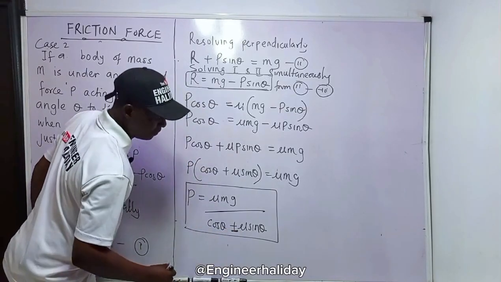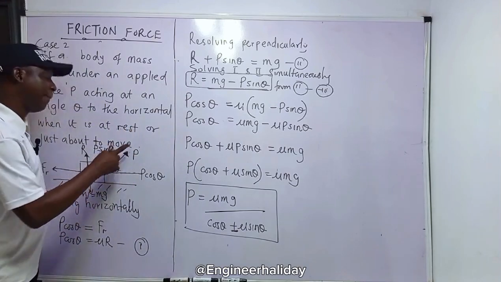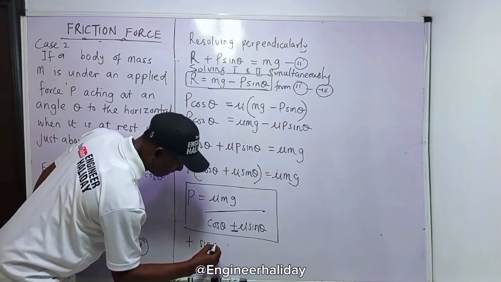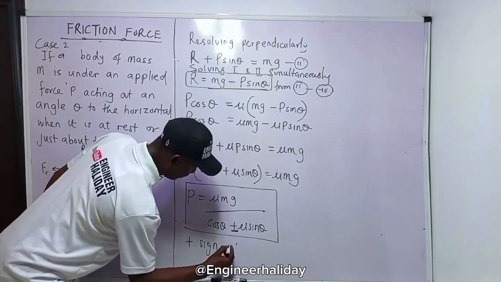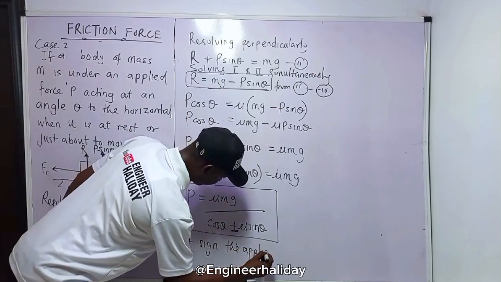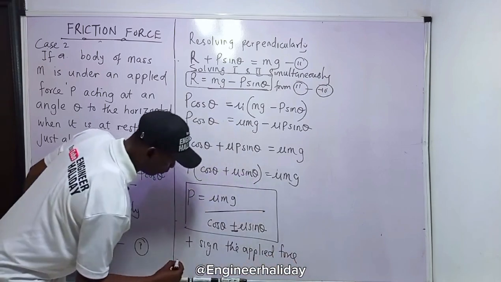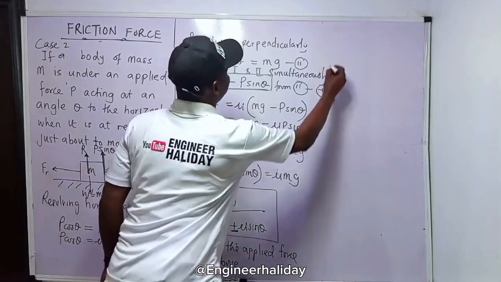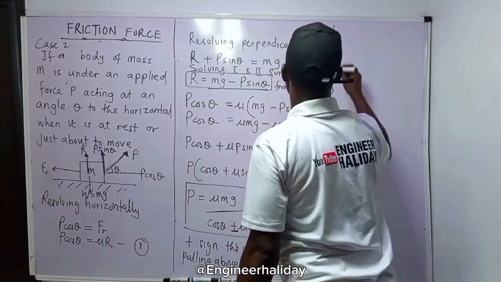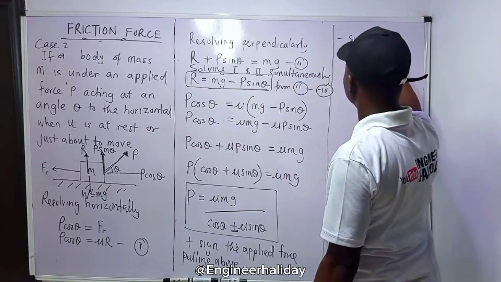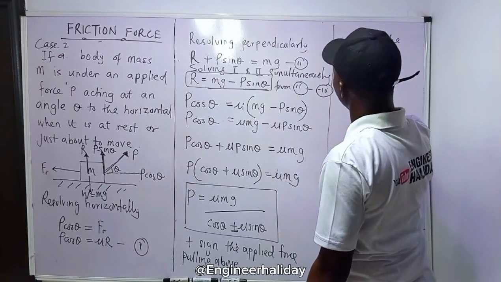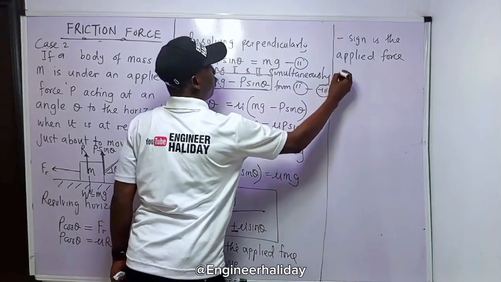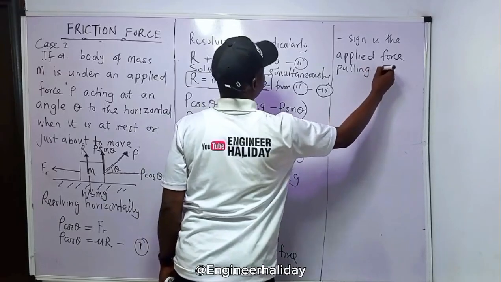So plus is the sign for the applied force pulling above, but if the applied force is pulling below, it is the minus sign.